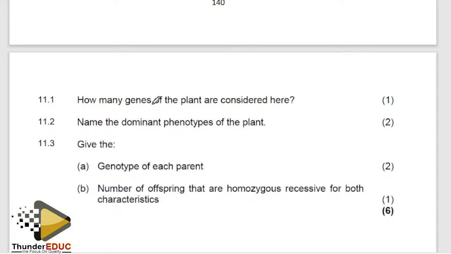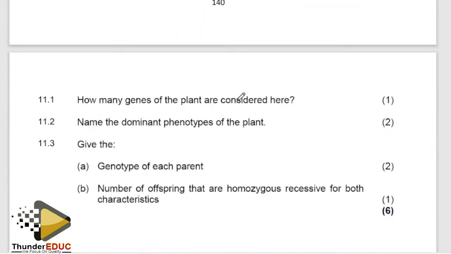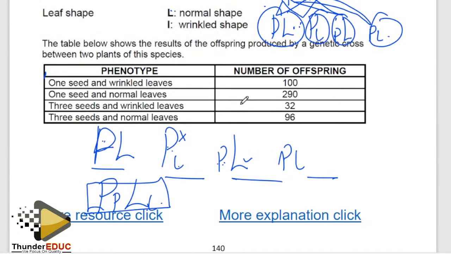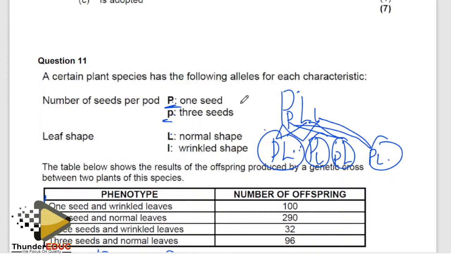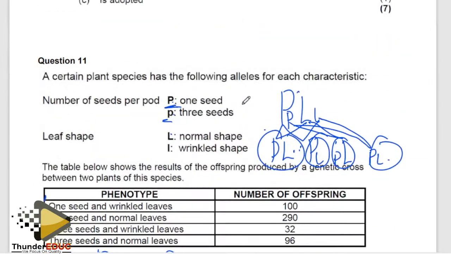How many genes control? Once you see the dihybrid, then there are two what? How many genes? There are 2 genes. Dihybrid is controlled by 2 genes. How many alleles? In most cases there are 4 alleles. You'll find the capital letter and the small letter, so it's 1, 2, 3, 4.